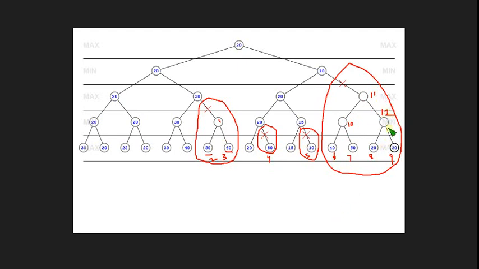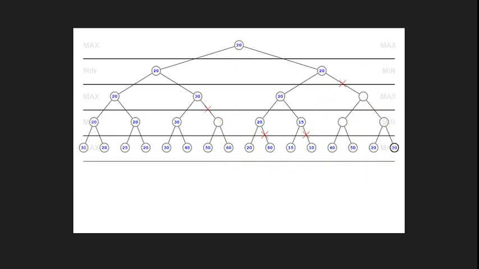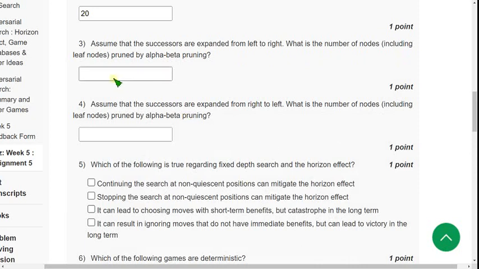So 12 nodes are detached from this. So I think the answer for the third question is 12. That means 12 nodes are pruned. So guys, I think 12 is the answer for the third question.